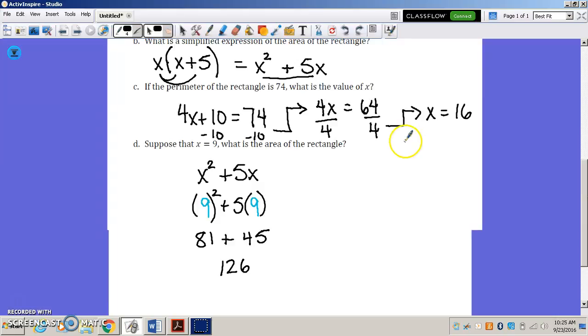Instead of saying 16, I'm going to say x is 16 feet. That's my final answer for C. For D, because area is two-dimensional, we have to have a two-dimensional component for our answer. So it's not just feet, but my answer is actually square feet, so we say feet squared. That is your final answer.